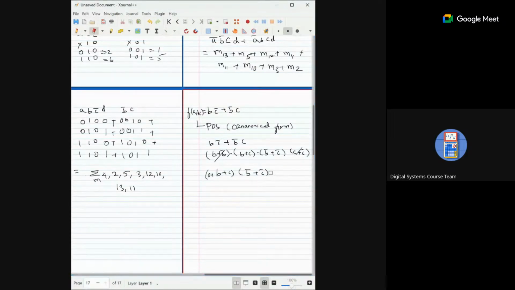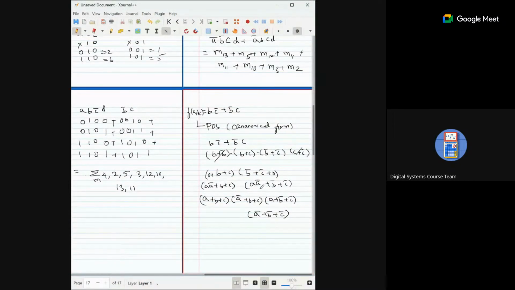I'm adding 1 term with 0, and that 0 is A bar plus B plus C, A bar plus B bar plus C bar. This gives A plus B plus C times A bar plus B plus C, A plus B bar plus C bar, then A bar plus B bar plus C bar.